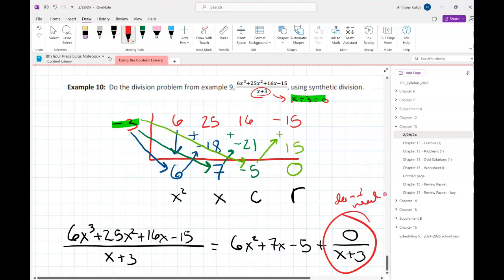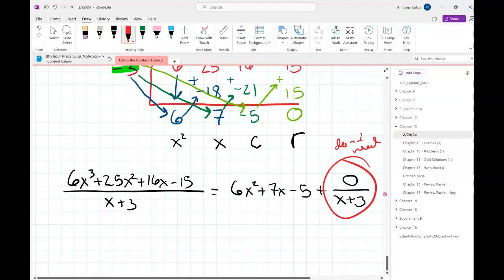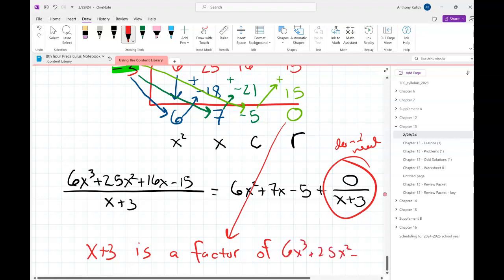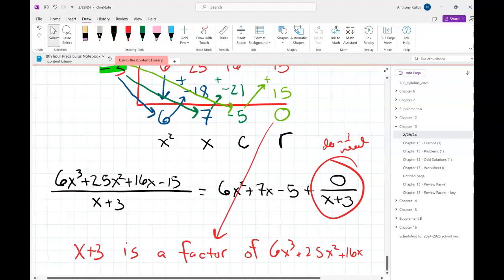What does it mean if I have a 0 remainder? So that tells me that x plus 3 is a factor of 6x cubed plus 25x squared plus 16x minus 15.